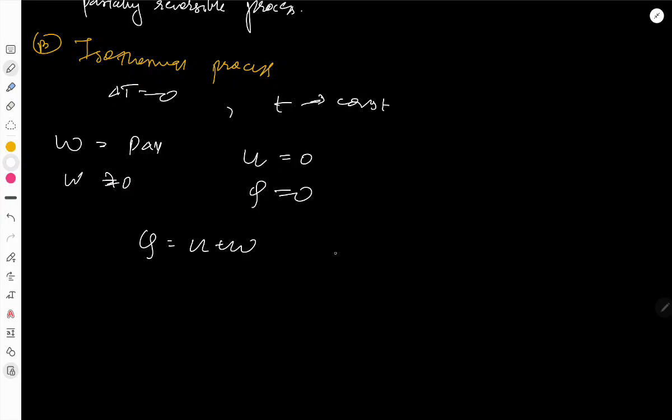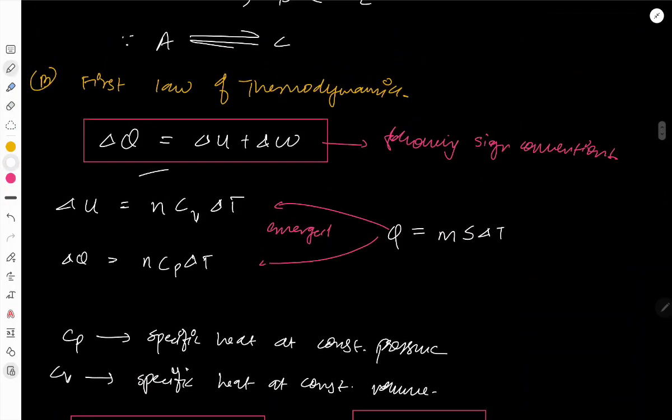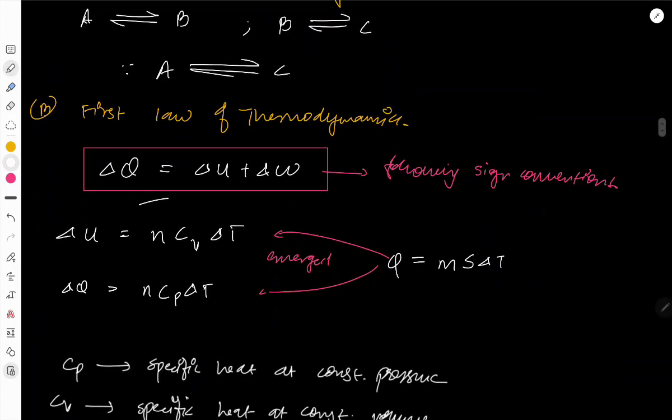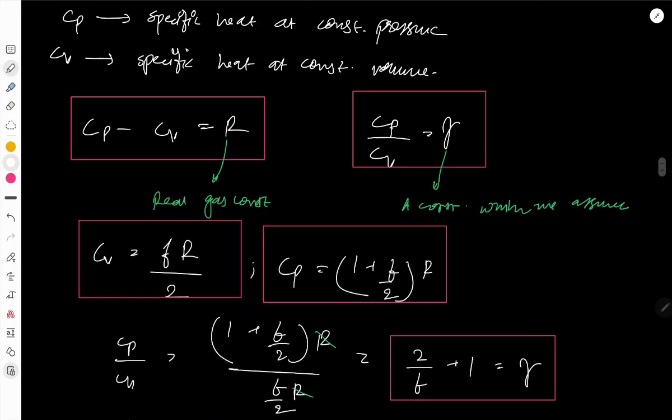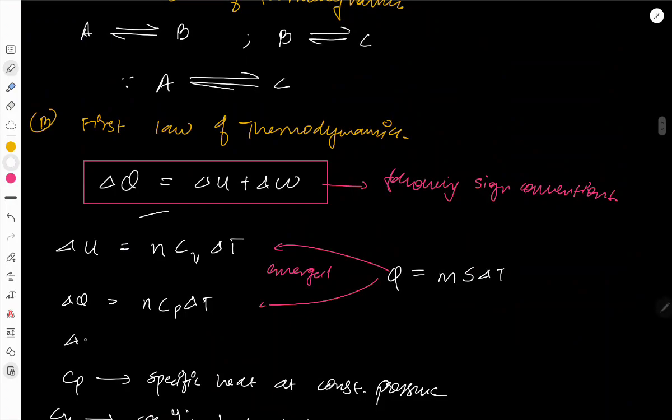Therefore, we will not say that Q is equal to 0, as there is another formula for Q at constant temperature, which I would write over here. Yes, delta Q equals m times L, where L is the specific latent heat.